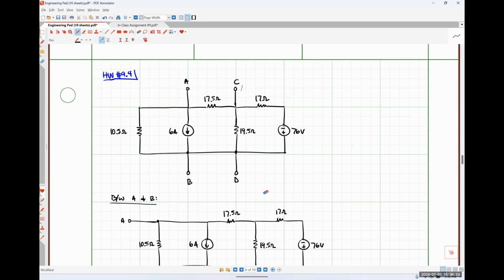All right. Does anybody have any questions or comments about really anything at this point? What happens if you multiply VTH and IN? You're going to get a number in watts.